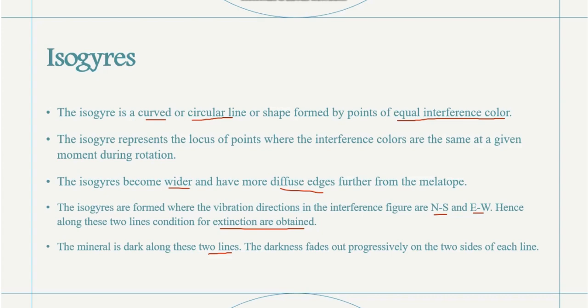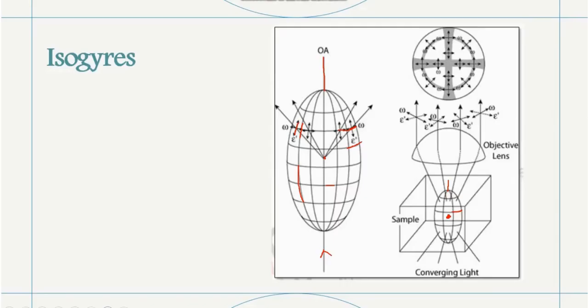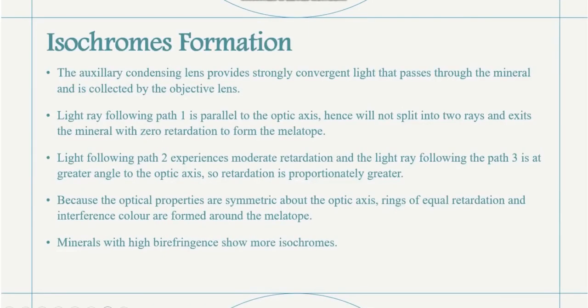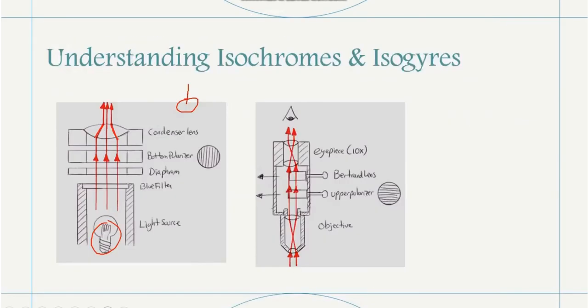So let's repeat for one last moment. The isogyres are just circular or curved lines which represent points of equal interference colors, and they are formed when the vibration directions of light in the interference figure are north-south and east-west.